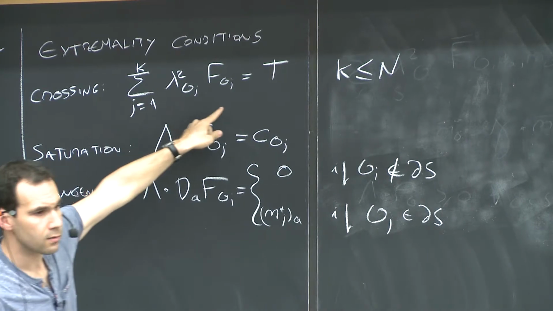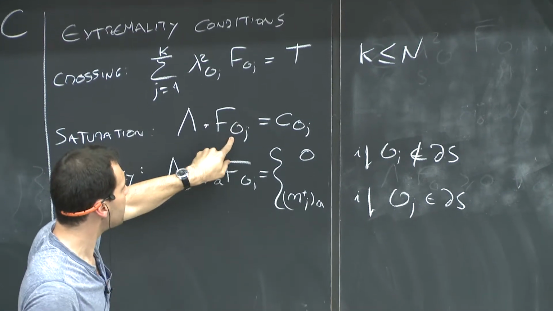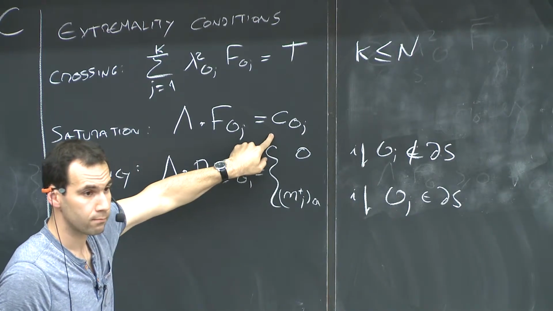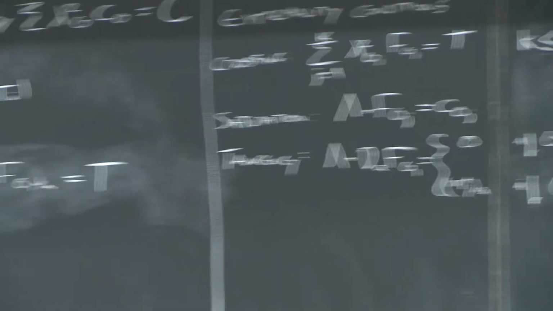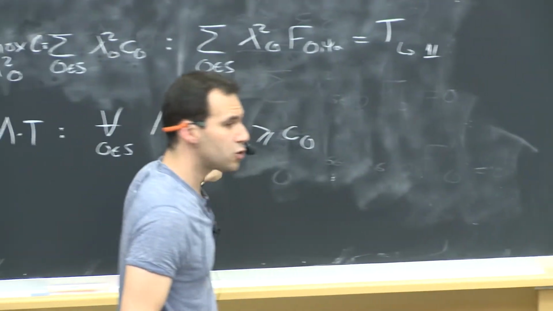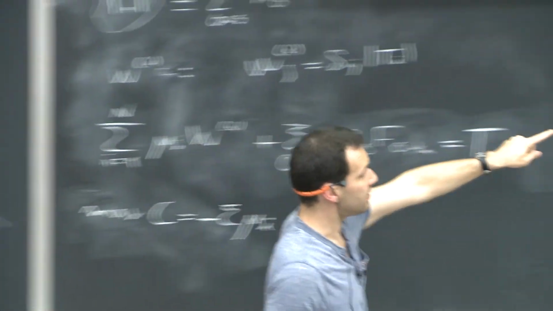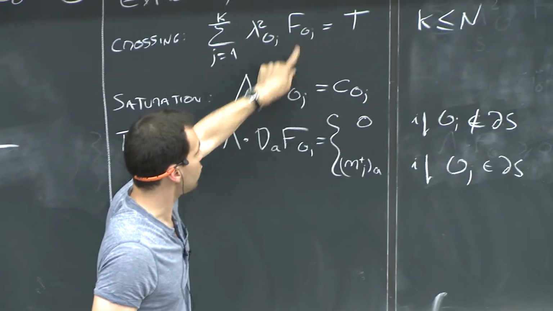What are these vectors? They are the ones for which the inequalities on the functional are saturated. So we had inequalities here, and the vectors which appear in the solution are the ones which saturate these inequalities. This characterizes which operators appear here.